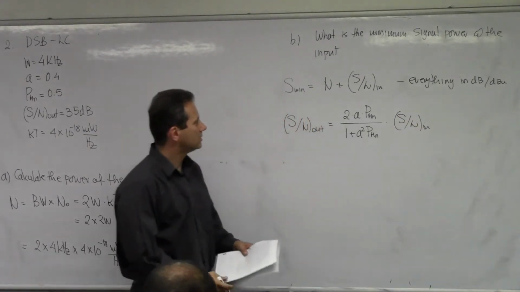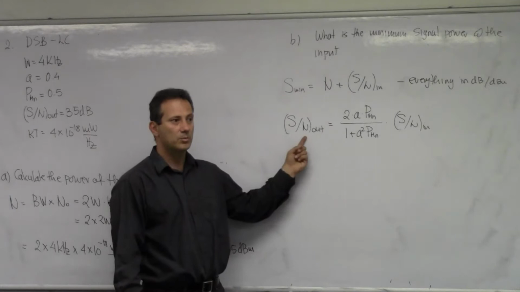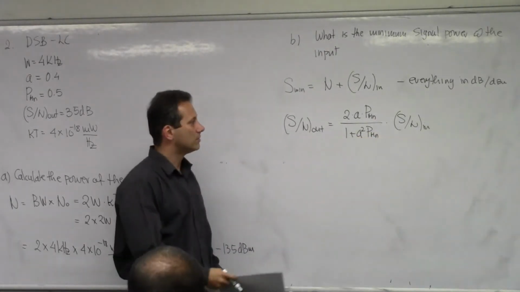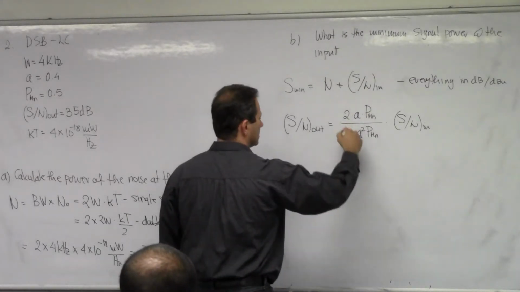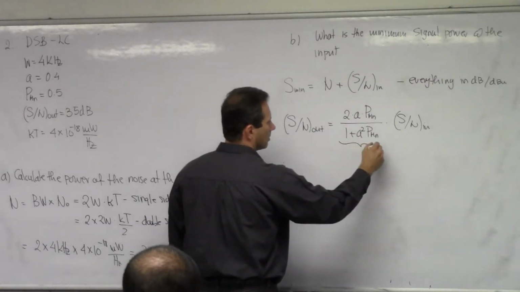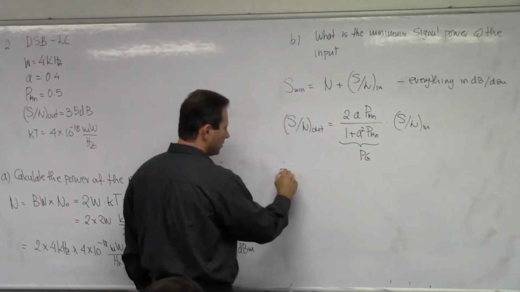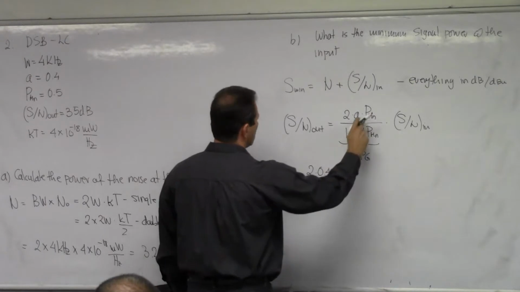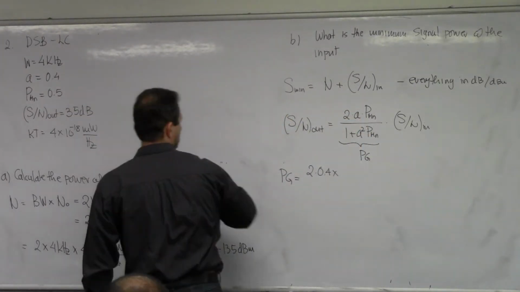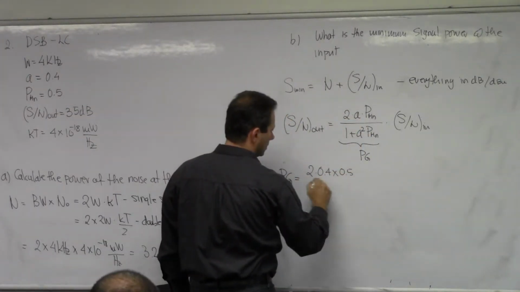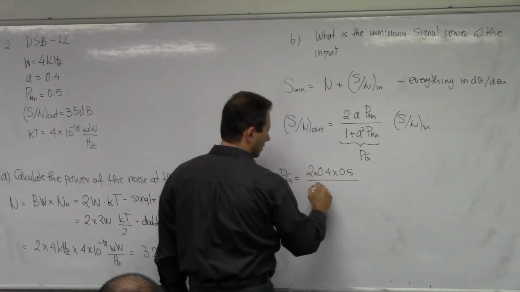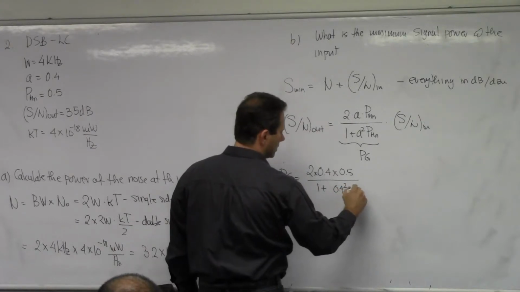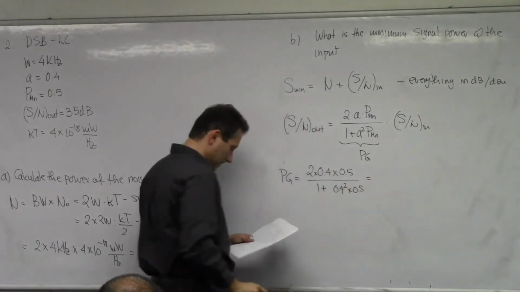Just like all the other things, the signal to noise output is the processing gain times the signal to noise input. So from here, I can calculate the processing gain: 2 times 0.4 times 0.5, divided by 1 plus 0.4 squared times 0.5.